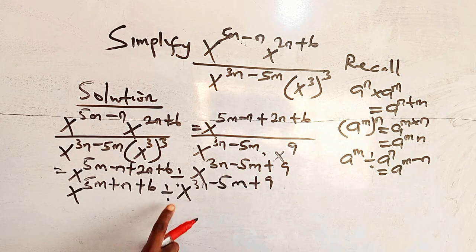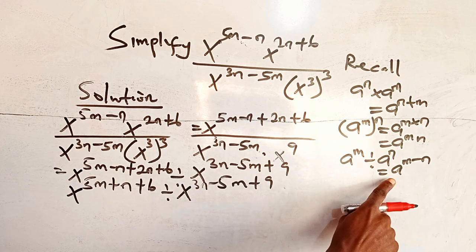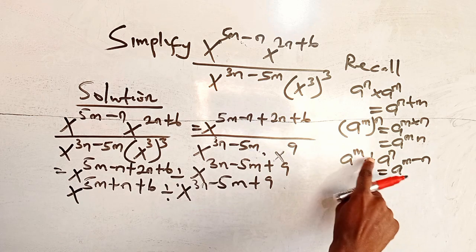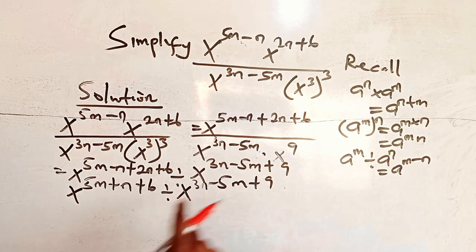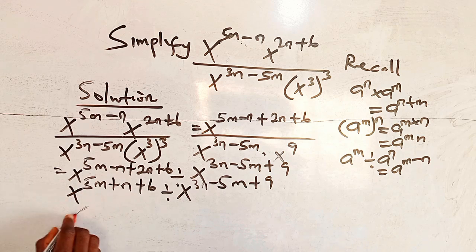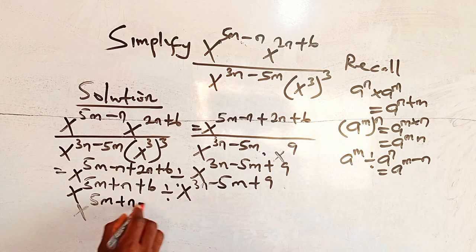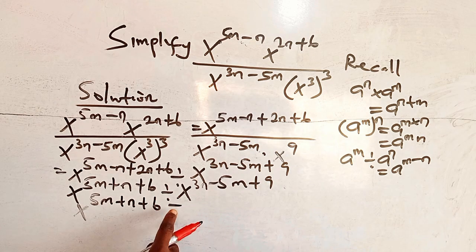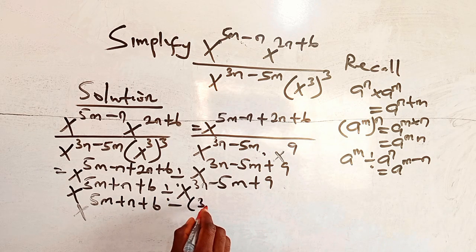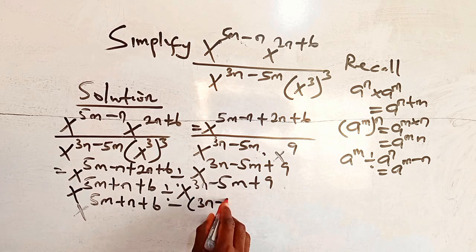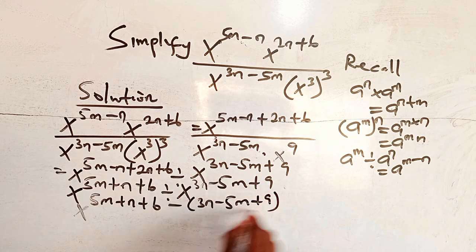Since we have division of the same base, we apply this law, pick out one base, and subtract the exponents. So we have x to the power 5n plus n plus 6 minus, because the division is minus, 3n minus 5n plus 9.